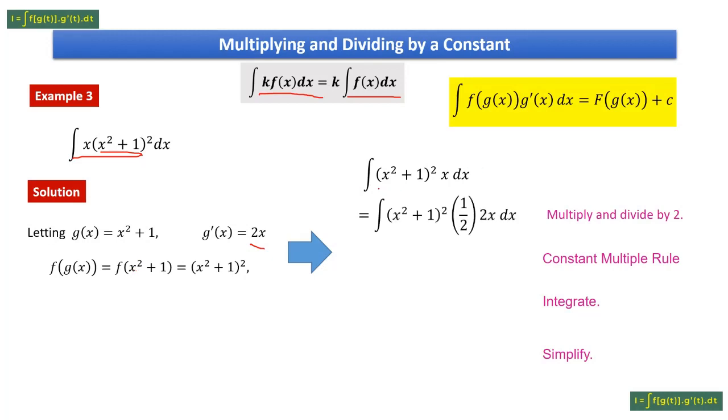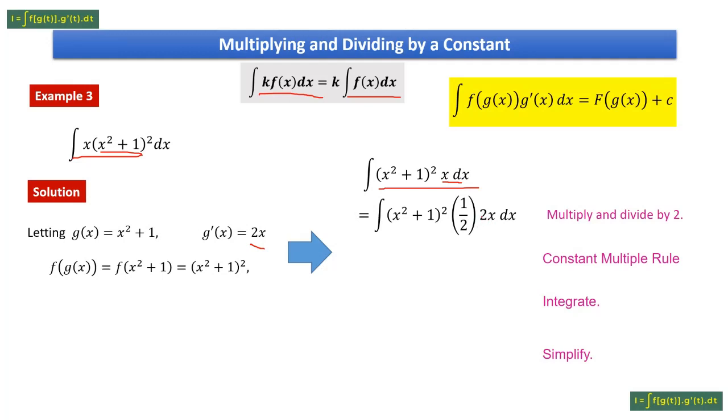As you can notice, we have 2x here, but we have only x dx. So we need to introduce a factor so that we can have a 2x in this expression.